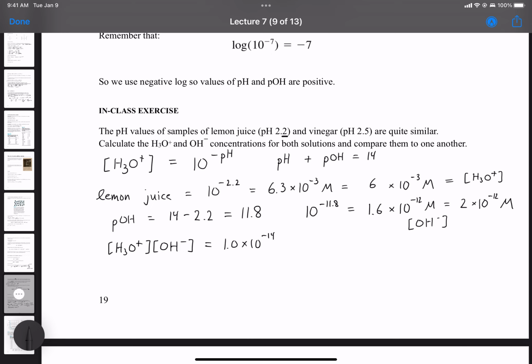If we rearrange this equation, we get OH- equals 1.0 times 10 to the negative 14 divided by H3O+, which is equal to 1.0 times 10 to the negative 14th divided by the concentration here, 6.0 times 10 to the negative 3rd.